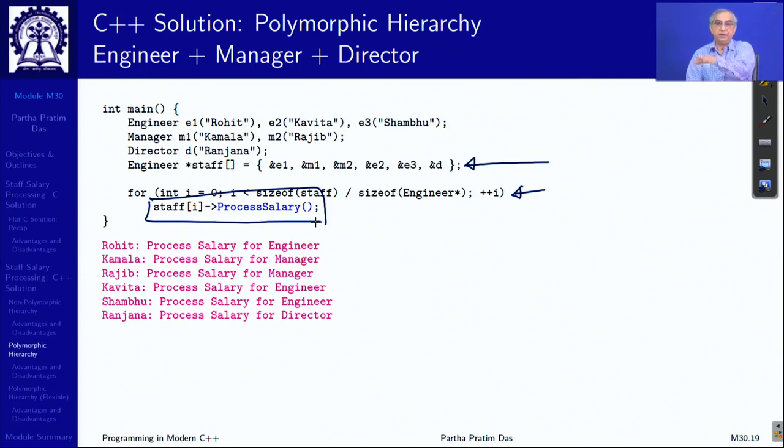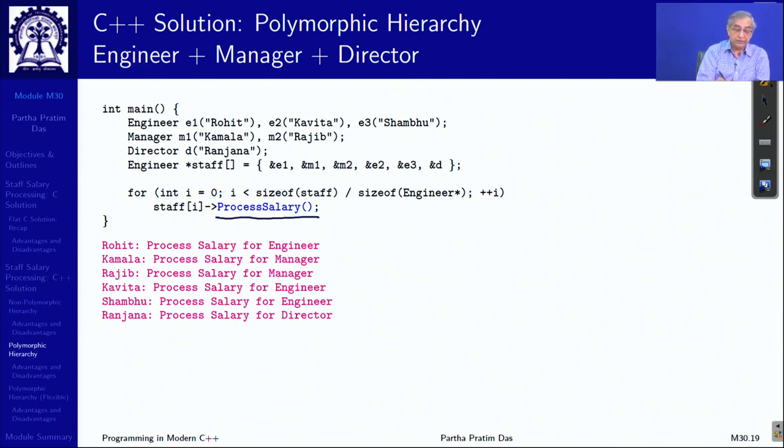If t is equal to DIR, do this. You have 20 types, a long chain or switch. All that is replaced by only one call. How? Because now we have a polymorphic hierarchy where process salary is a virtual function in the base class engineer of which the pointer type I have got.